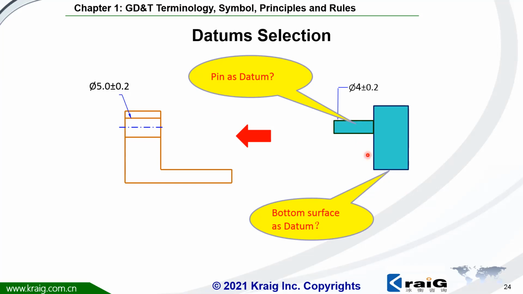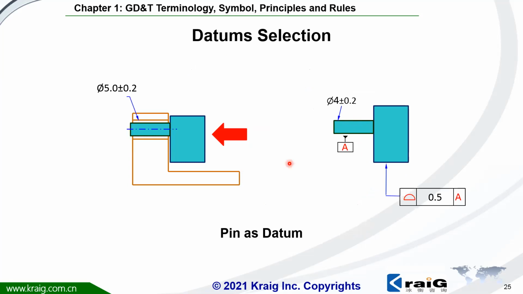Let's have a look at the first scenario. The mating relationship of these two parts is that we are going to use this pin and this hole for mating or interfacing. The pin is going to be assembled into the hole, or we're going to use this pin to locate parts.